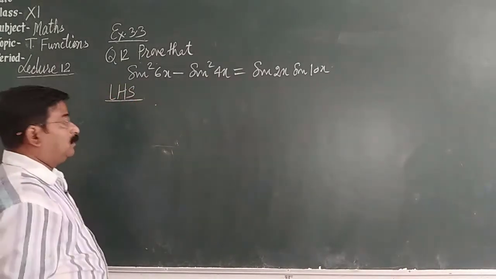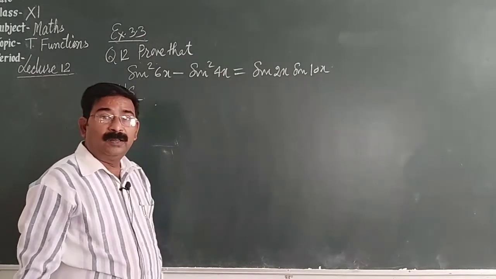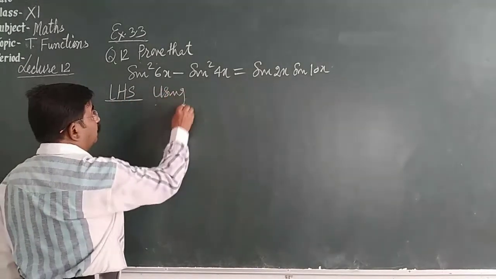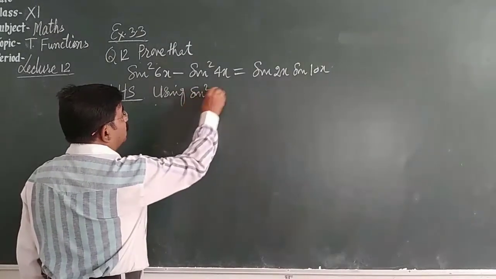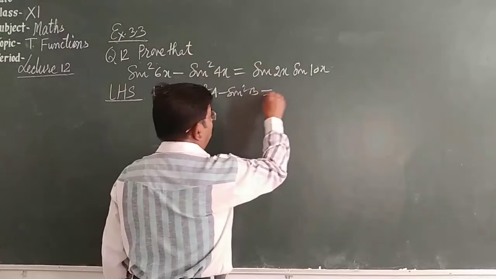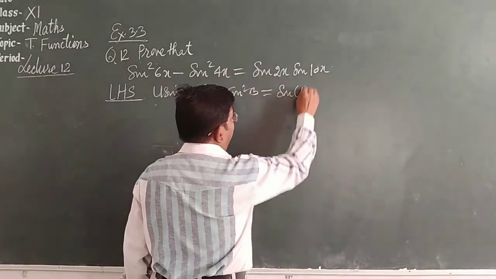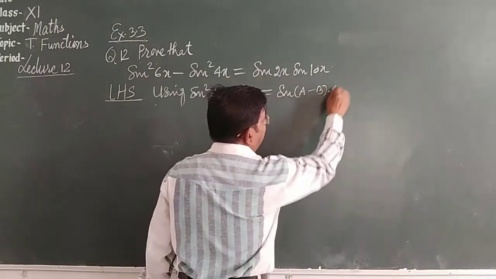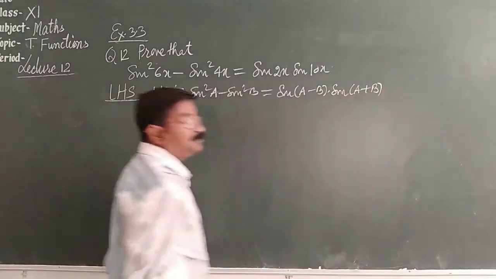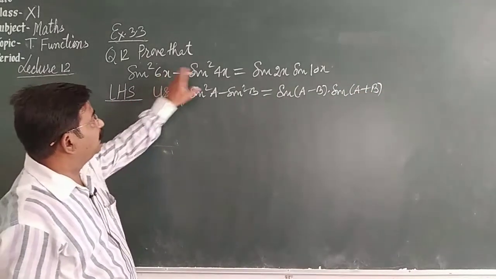And I think you remember I gave the formula in my lecture: sin square a minus sin square b is equal to sin a minus b into sin a plus b. This is of the form sin square a minus sin square b.